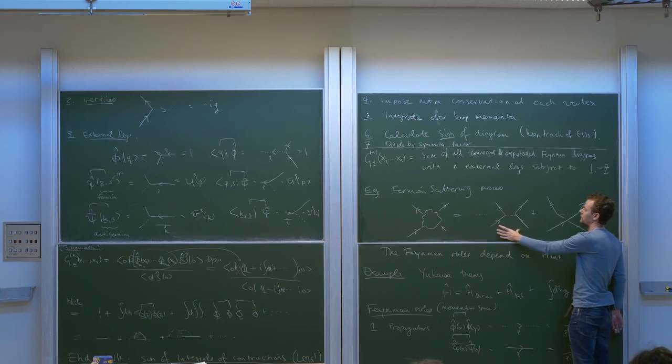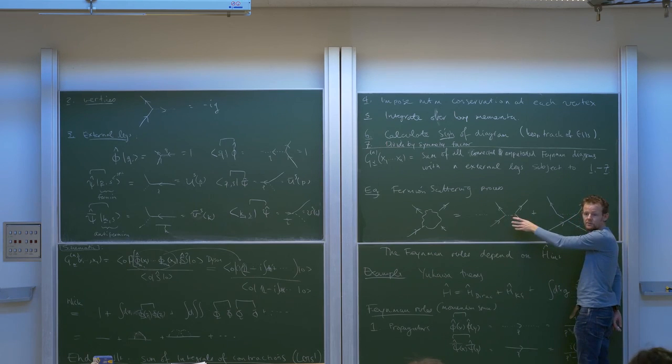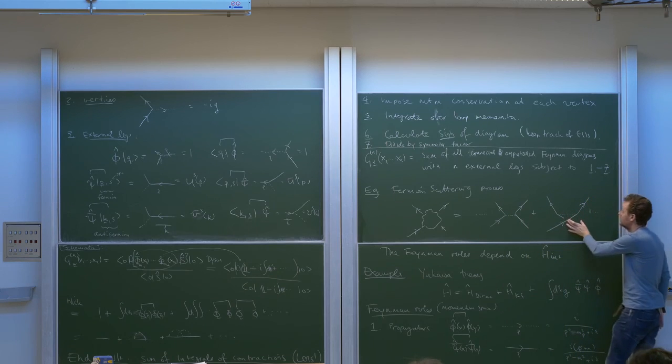So this diagram here is an integral over two variables, x and y, but they're actually fixed by conservation of momentum, so there's actually nothing to integrate over. And this diagram here is basically the same thing, right? These are identical particles.